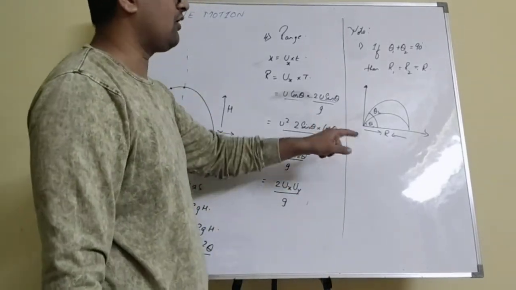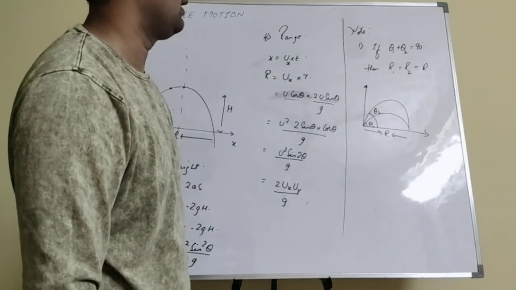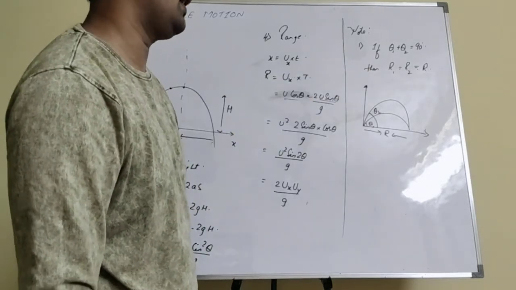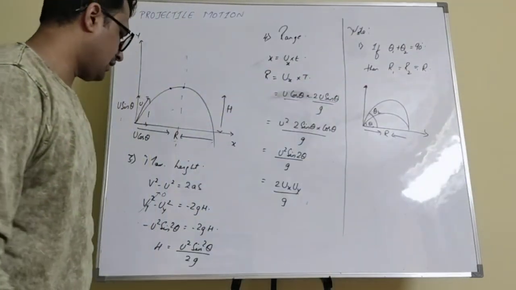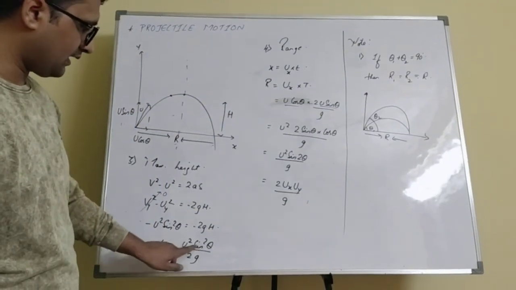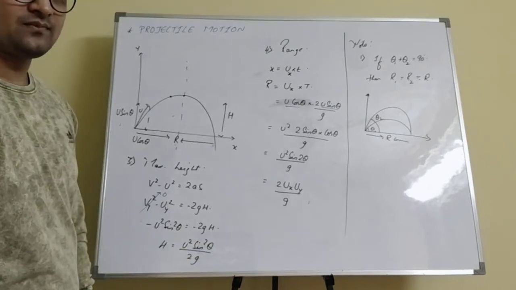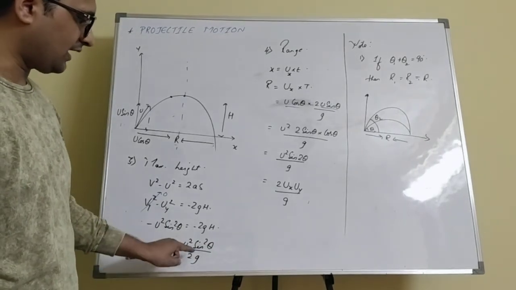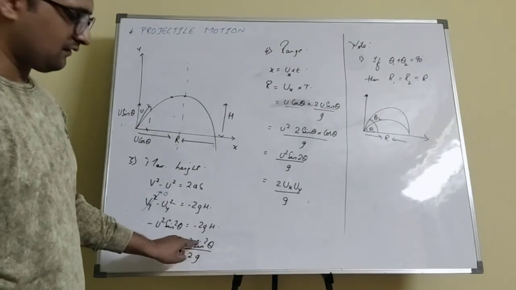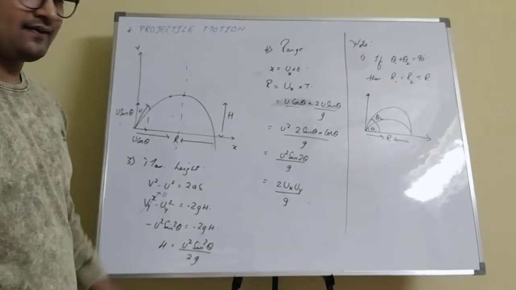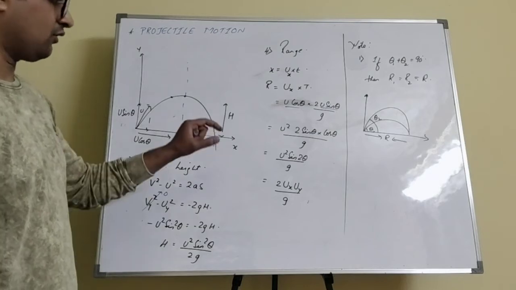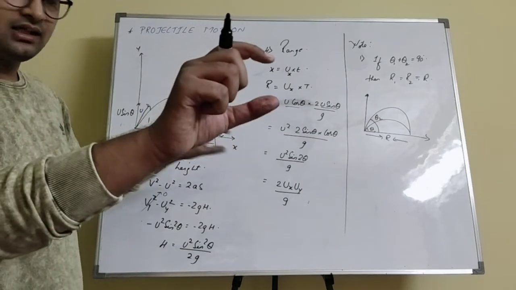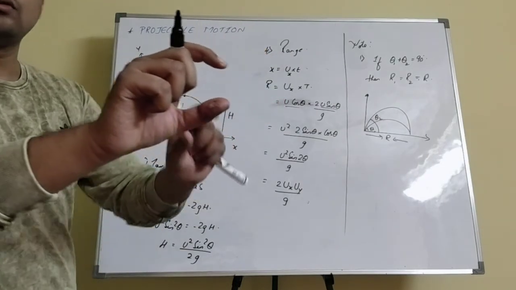Okay, what about height? Obviously, height will be different. Can you tell me where height will be more? Look here, h equals u square sine square theta divided by 2g. You know that the value of sine theta increases with theta. Sine 0 is 0, sine 90 is 1. So while going from 0 degree to 90 degree, the value goes from 0 to 1.